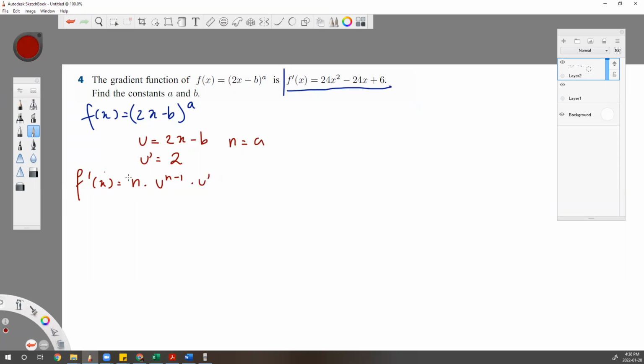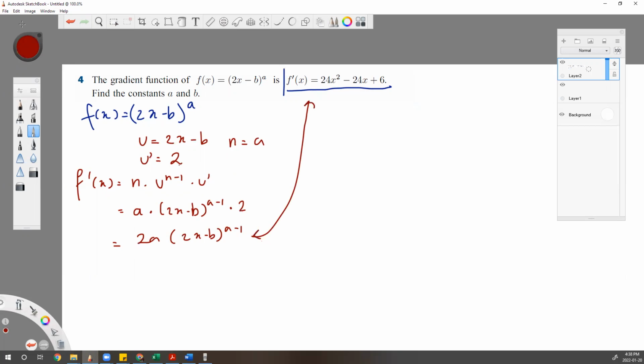Remember this rule? So it is a times (2x minus b) to the power of a minus 1, times 2, or 2a(2x minus b) to the power of a minus 1, and this will equal this, right?